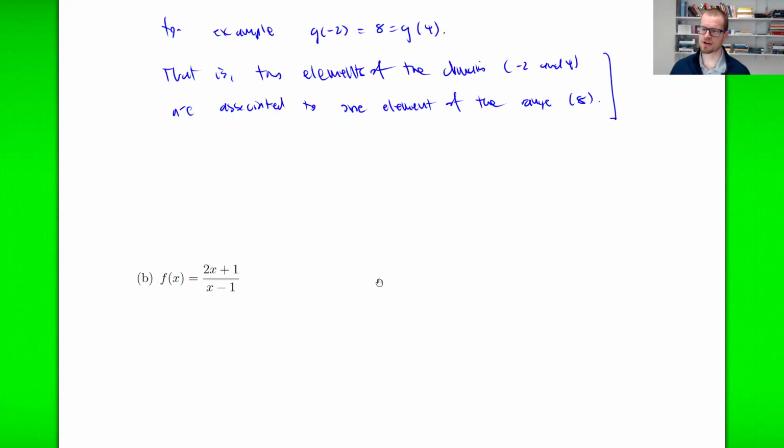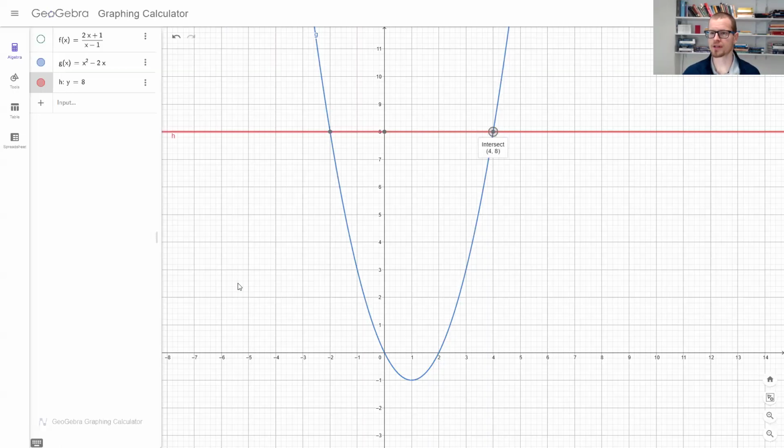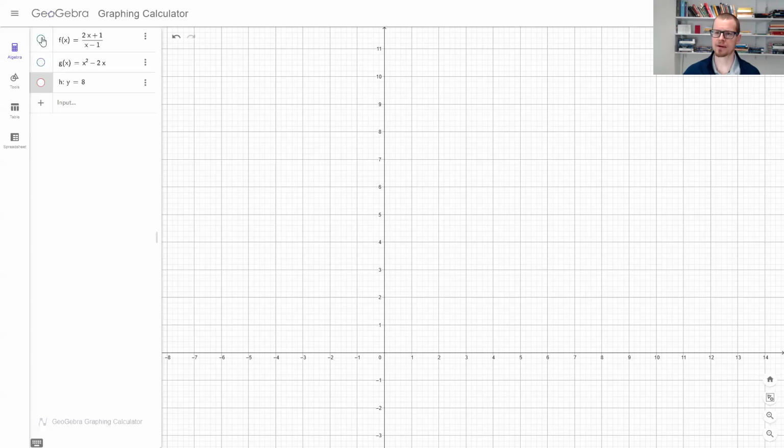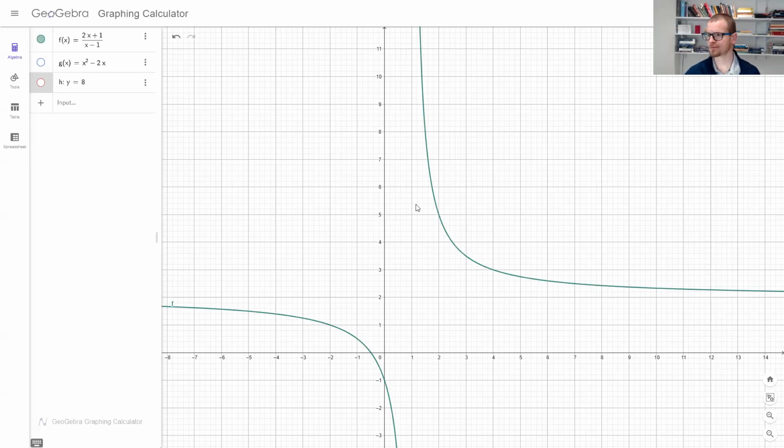We also want to consider f of x, which is 2x plus 1, divided by x minus 1. So if we go here, I'm going to hide this again and grab onto our function f. And does the function appear to be one-to-one? Well, I can pick out elements of the range.